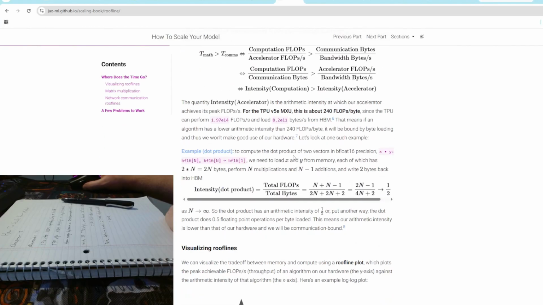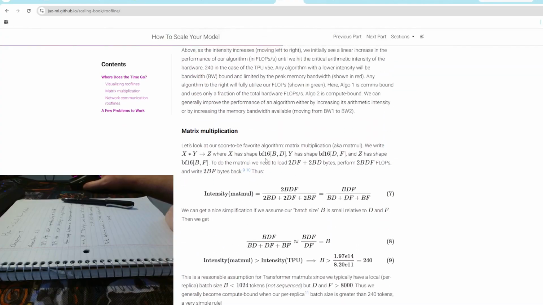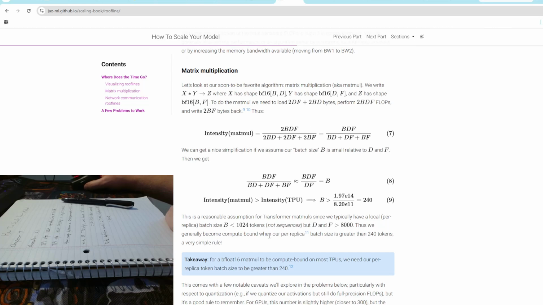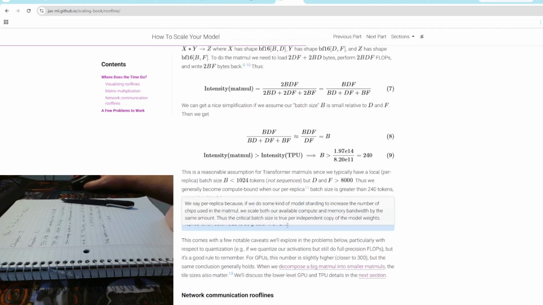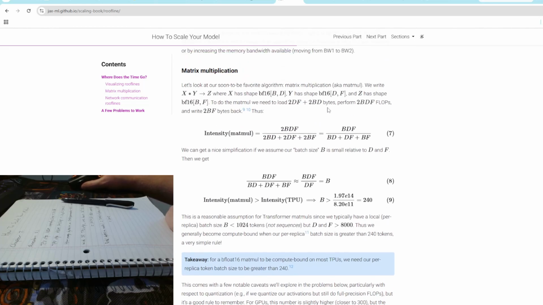BF16. Let's see, where was the matrix multiplication? Because they wrote it down here. Oh yeah, but that's per parameter.